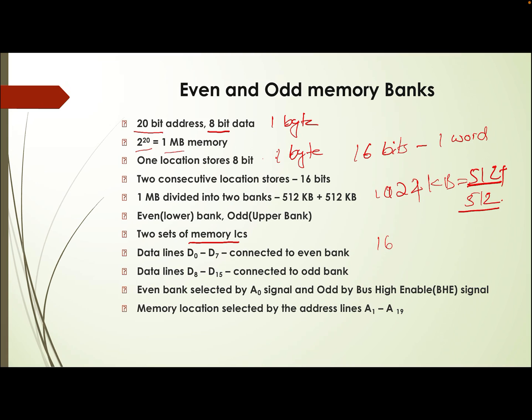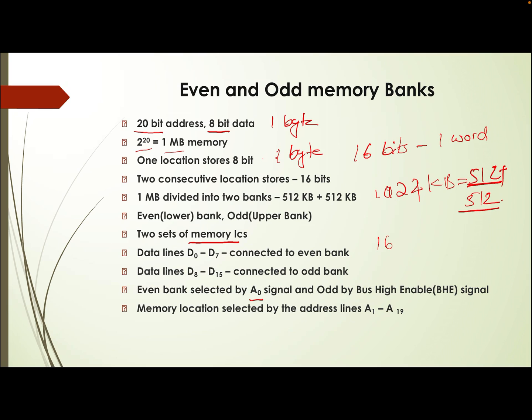As we know, there are 16 data lines. D0 to D7 are connected to the even bank, and D8 to D15 are connected to the odd bank.